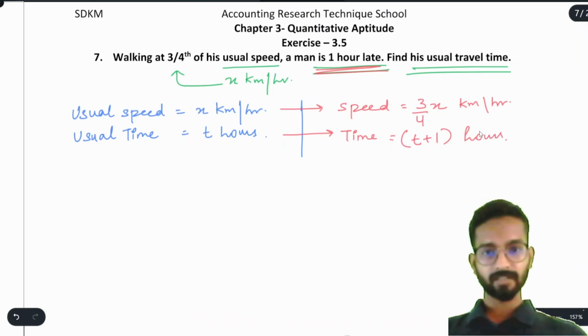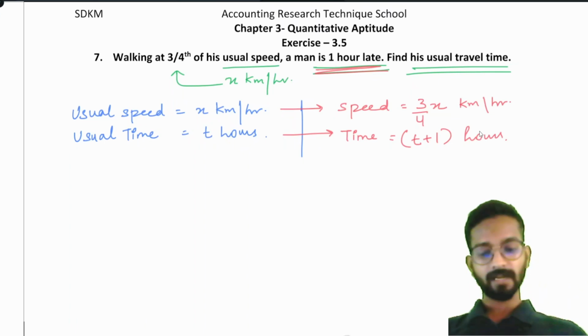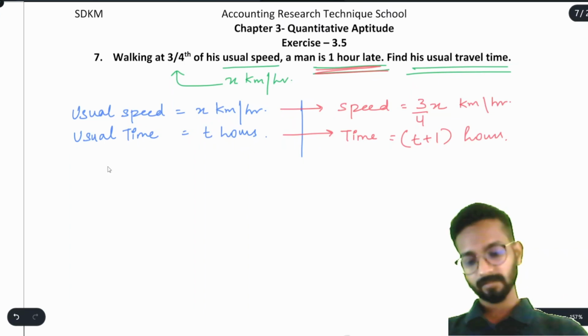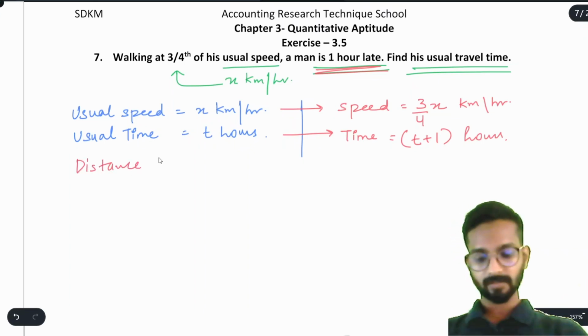Now how will we find the usual travel time? See, understand this thing. They are saying that if he is walking at 3/4 of the usual speed, he will get 1 hour late. It means the distance traveled is same only. They are just telling if it reduces the speed, he will take more time. So I can say distance traveled is same for both the cases.